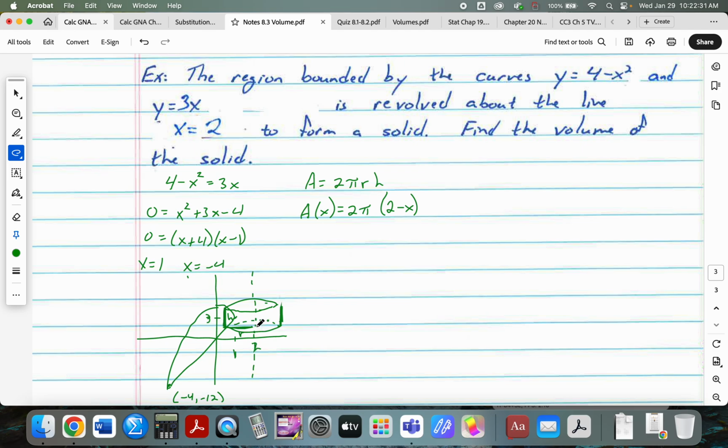So if the axis of revolution had been over here, it would have been x minus wherever my axis of revolution was. Okay? And then the height is the distance from here to here. So that is the difference in the y-coordinates. Well, the y-coordinate up here is 4 minus x squared minus the y-coordinate here is 3x.